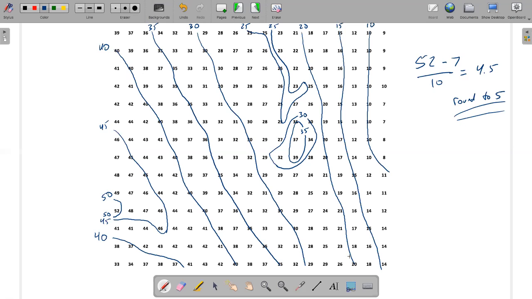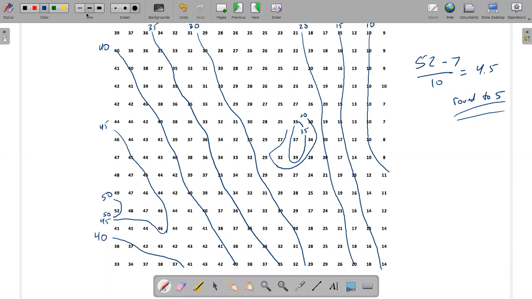Let's see, 20, 25. You know, this is actually simpler.